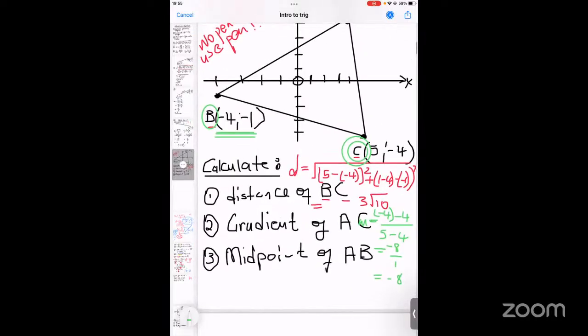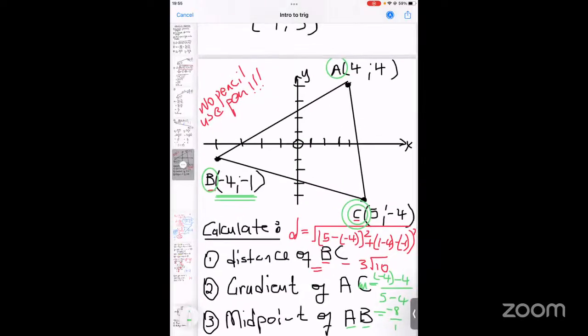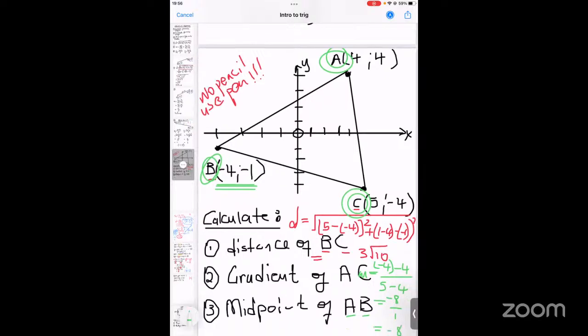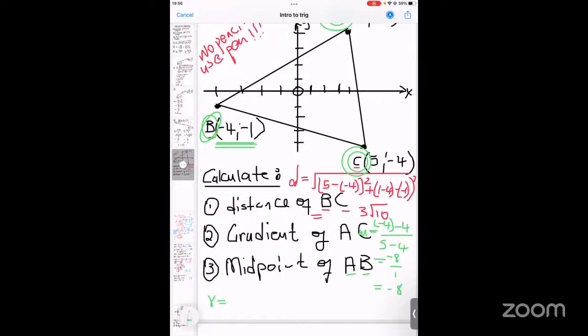And then the midpoint, you can start with the x value, midpoint of what you see. Now we say AB, then you start again and say between point A and point B, which one will be x1, x2. So in terms of the x values, your x1 will be 4, being A, that you plus inside the brackets, you have -4, and then you divide by 2, you end up having 0 at the top over 2, and then your x midpoint becomes 0.